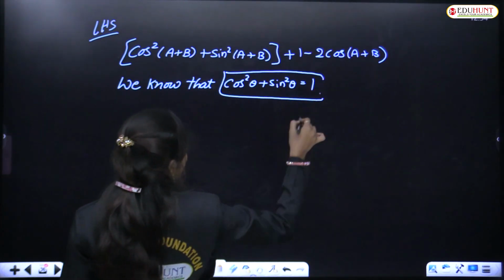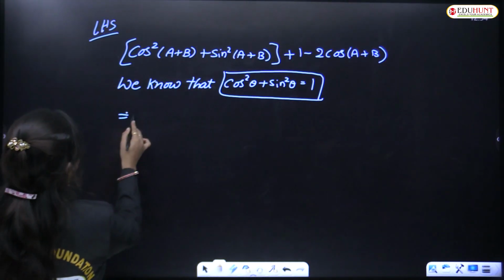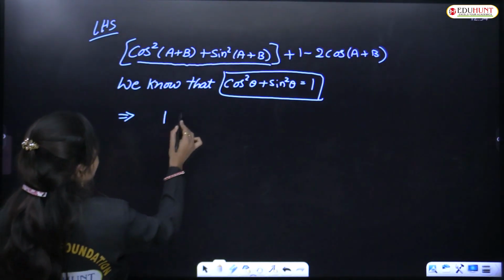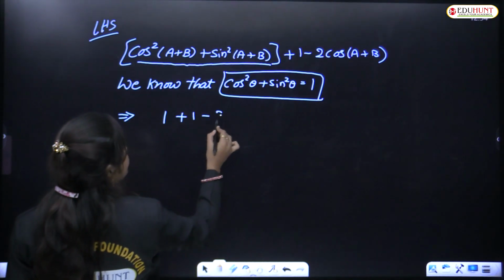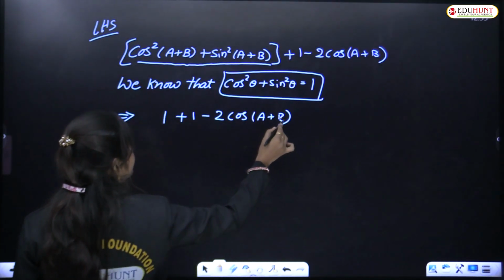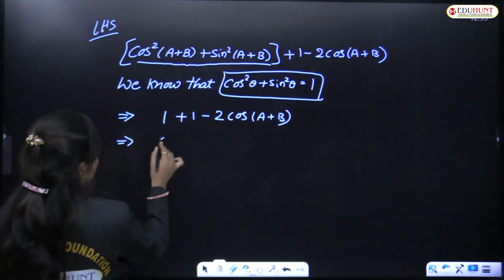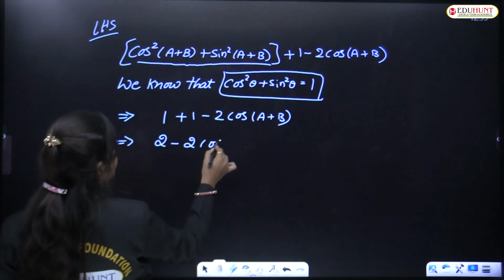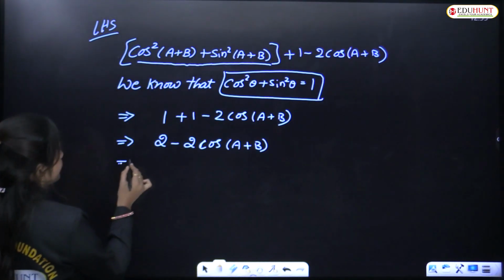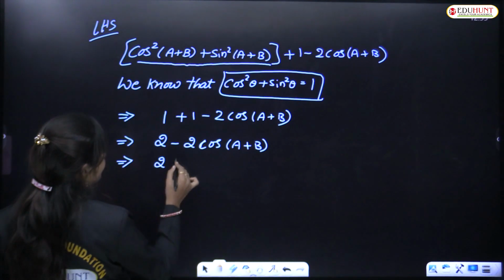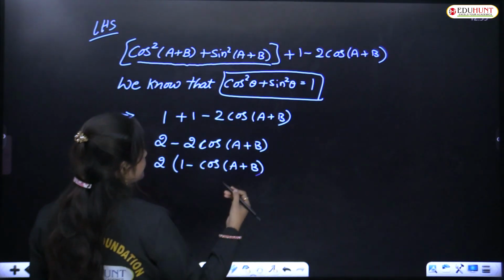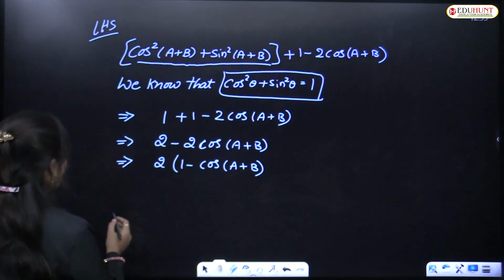So by using this identity here, substitute that value here. Cos square of A plus B plus sin square of A plus B which is equal to 1, plus 1 minus 2 cos of A plus B. So from this one, 1 plus 1 is 2 minus 2 cos of A plus B. Okay, so from this we can take that 2 as common. So 2 times 1 minus cos of A plus B. This is LHS.